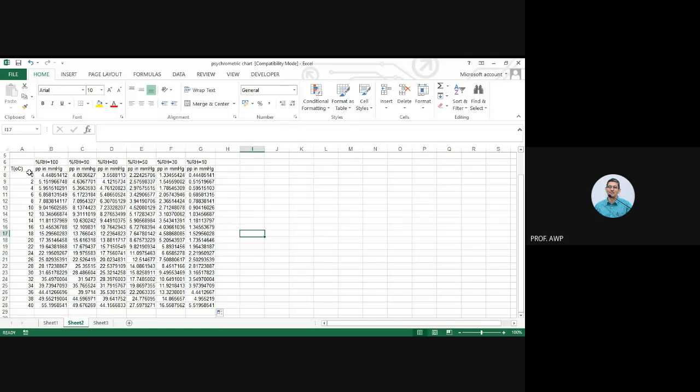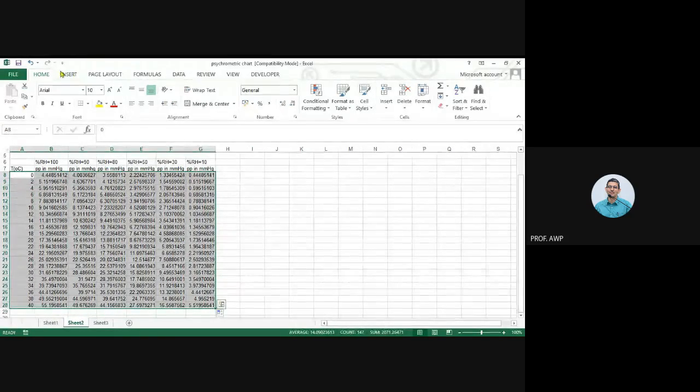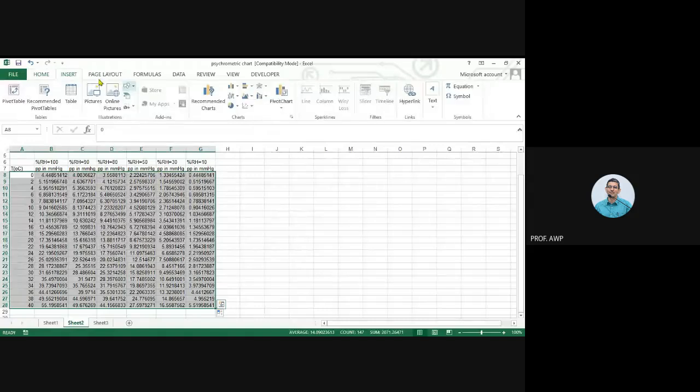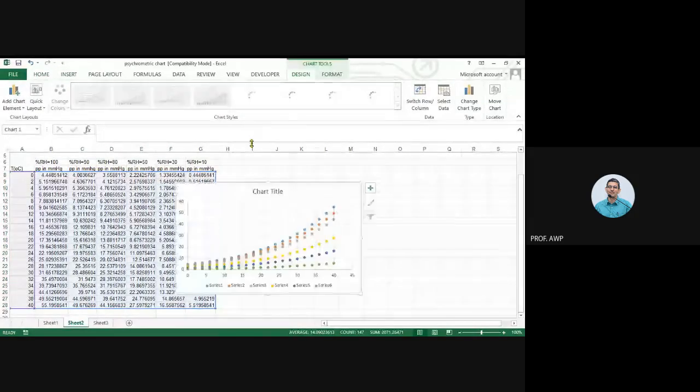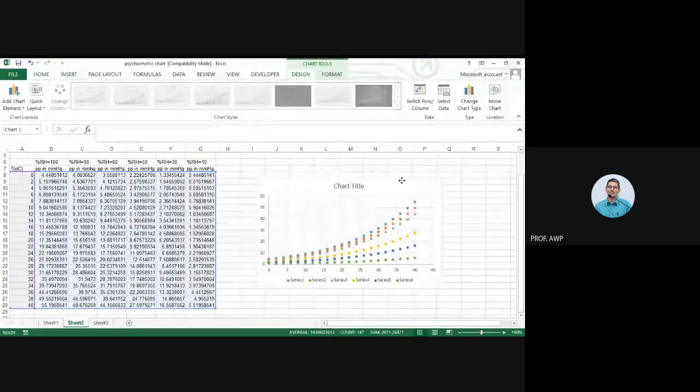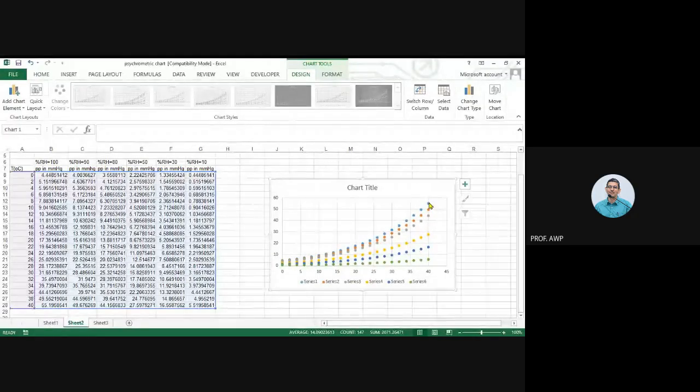So now if I plot this graph, all this blue is for 100% RH, red is for 90% RH, this gray is 80% RH, yellow is 50% RH, blue is 30% RH, and this green is 10% RH.